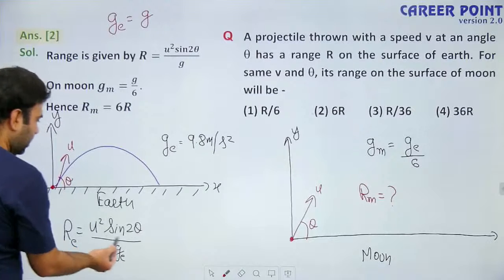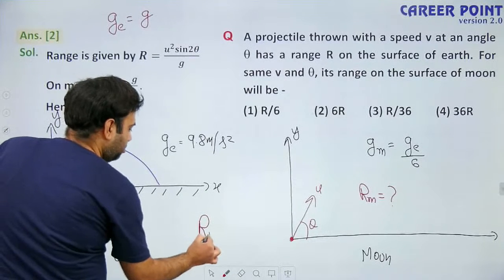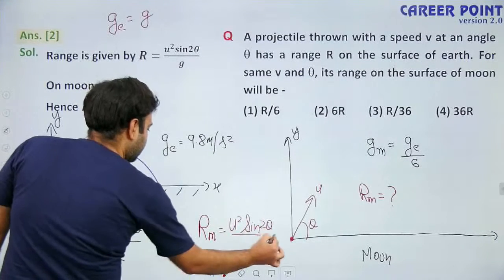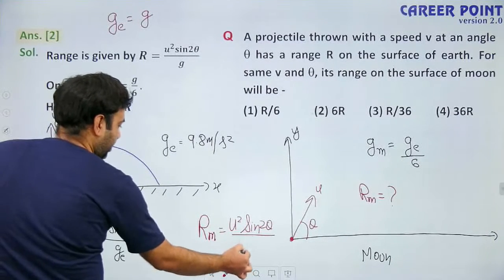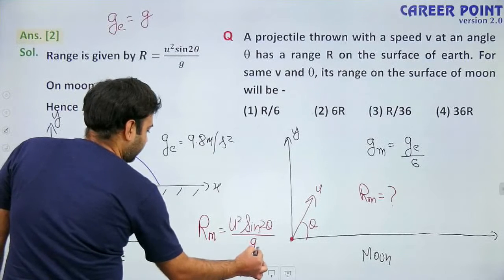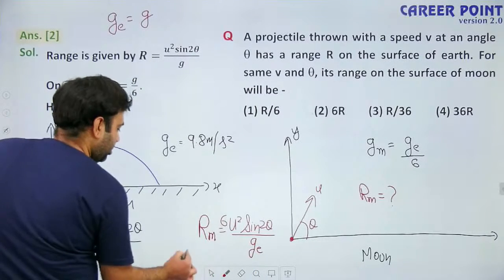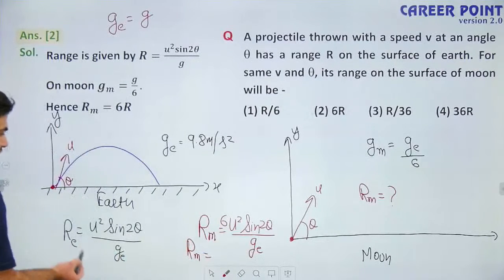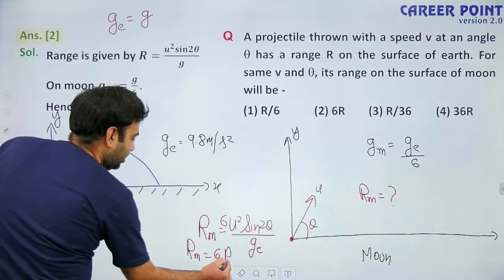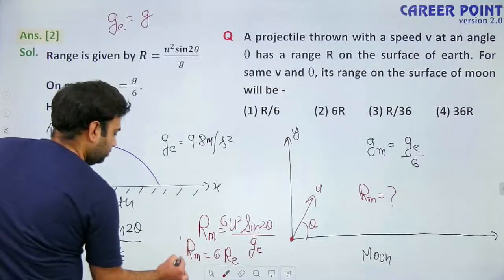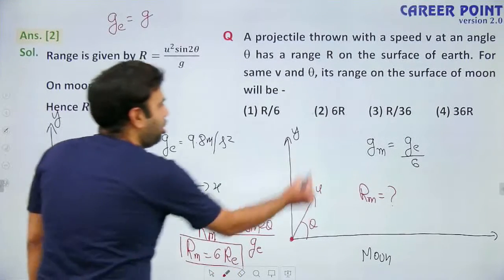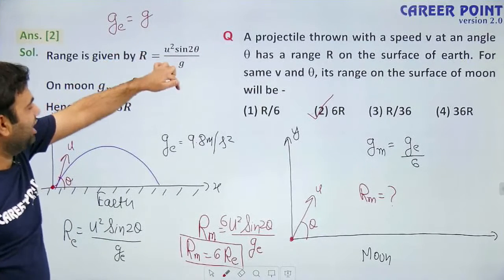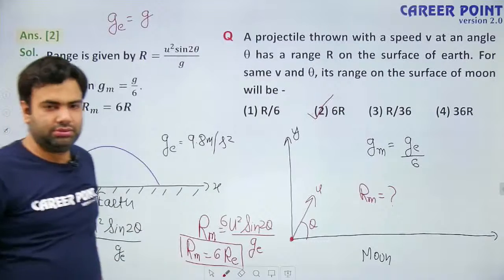So range on earth is this and range on moon will be equal to u square sine 2 theta divided by acceleration due to gravity on moon, which is equal to g divided by 6. So range on moon is equal to 6 times u square sine 2 theta by g, which is 6 times range on earth. So answer is option 2. Basically because acceleration due to gravity is decreasing 6 times, range will increase 6 times.